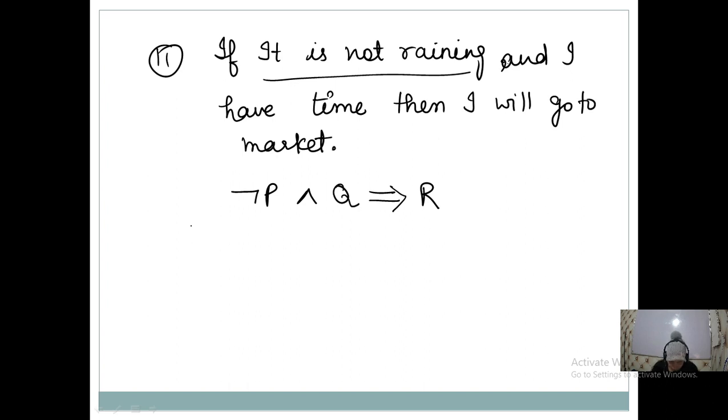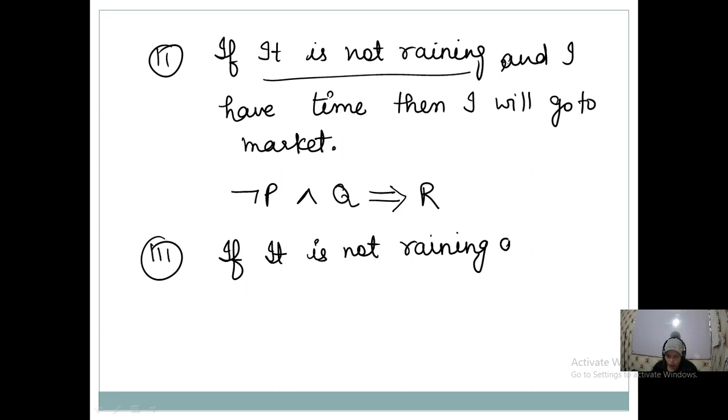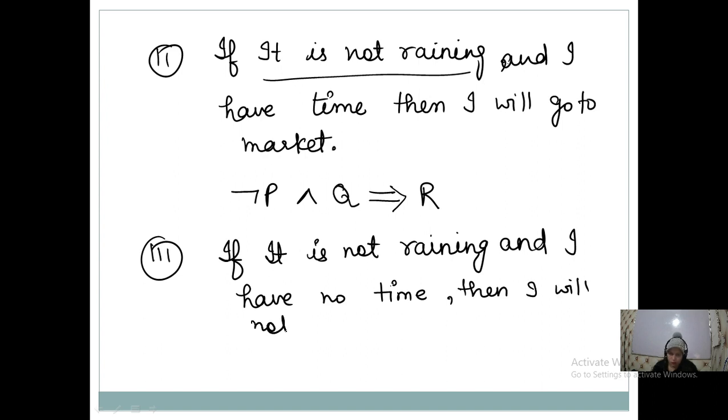Now the next statement. For example: if it is not raining and I have no time, then I will not go to market.